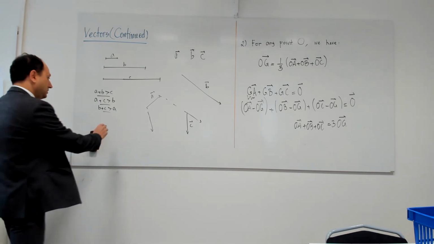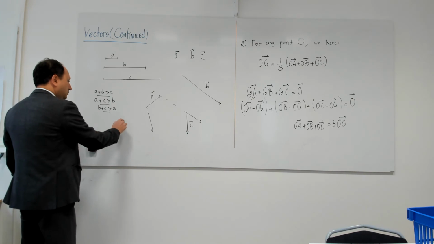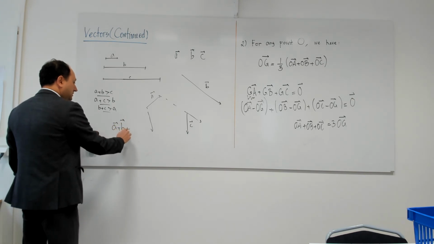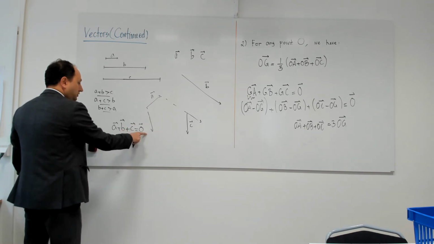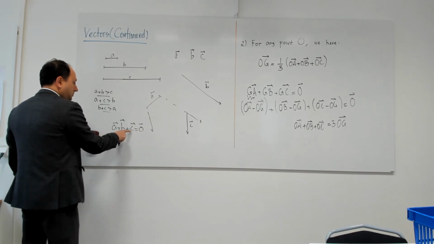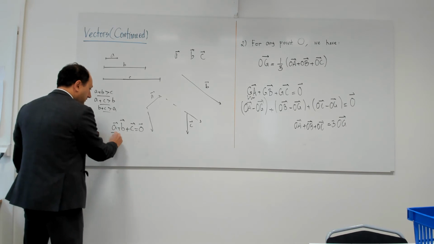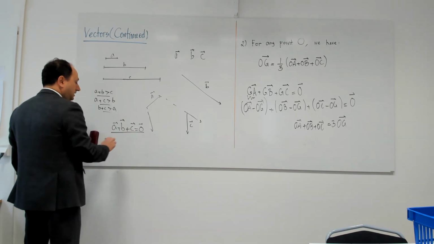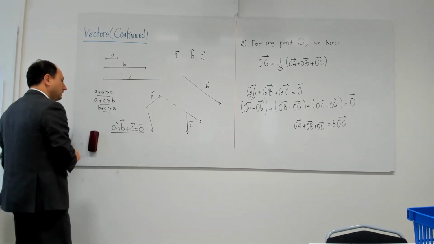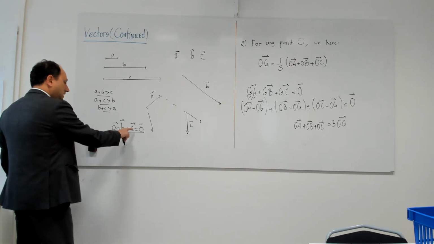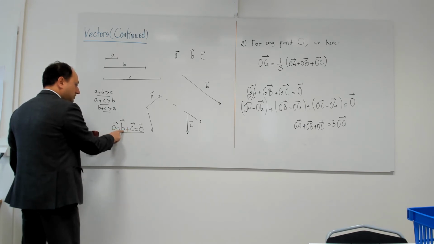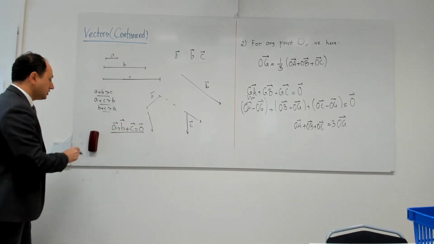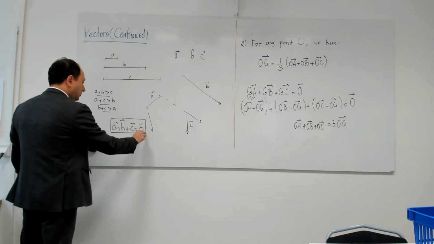So what you said, A plus B should be equal to C. No, A plus B plus C should be the zero vector, means that if I move it to the other way around. If this is the case, then the line segments whose lengths are these three vectors can form a triangle.